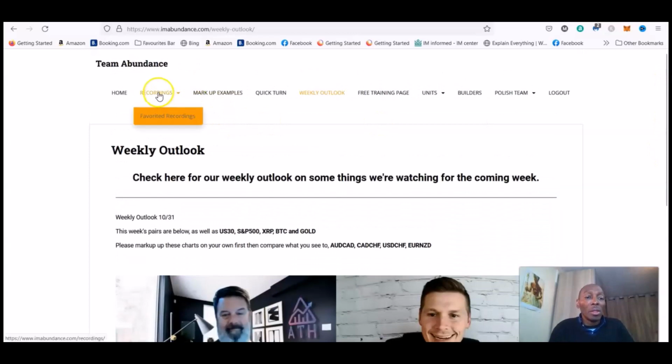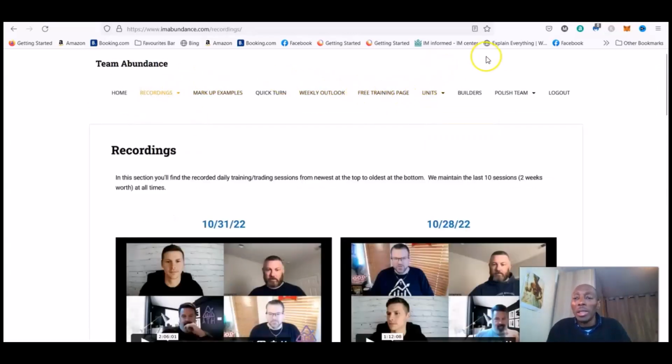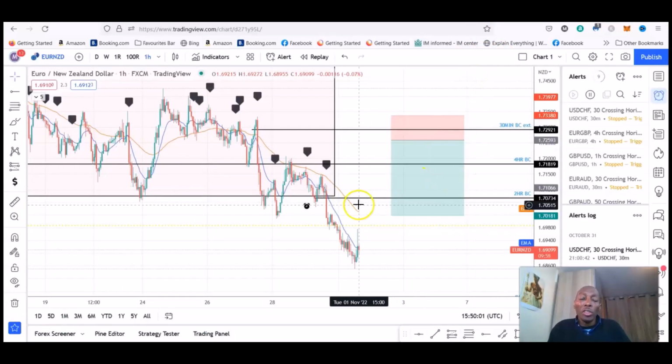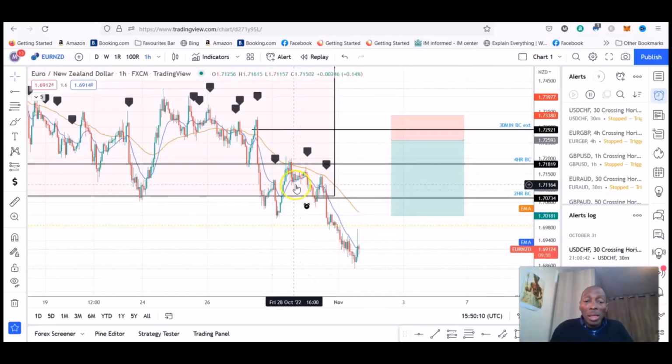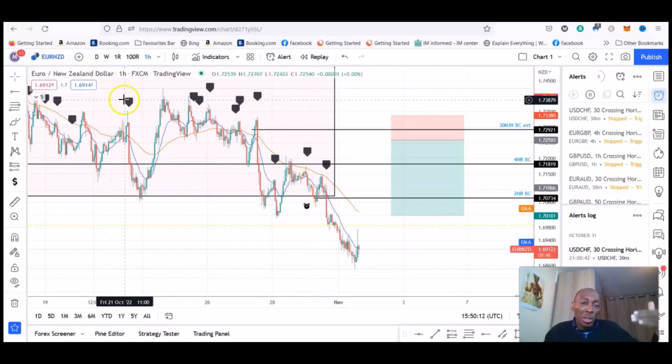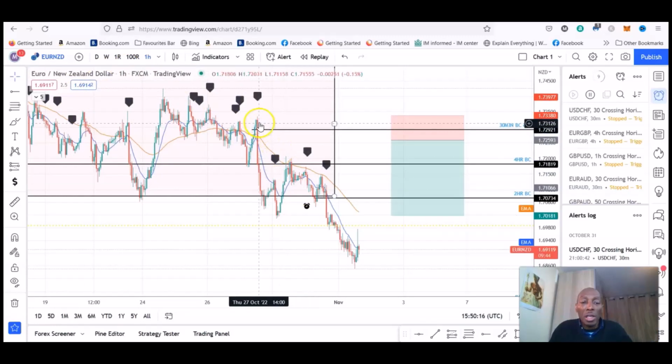As well as that, we also have a new indicator. We call it Quick Turn. I'll show it to you on the charts. You just load it up on your charts, and this is free as well. If you come and join the group and like it and stay on, you get this free as well. And this just tells you where to trade once you're in a trend, and we'll give you things to show you when you're in trends. But can you see this?